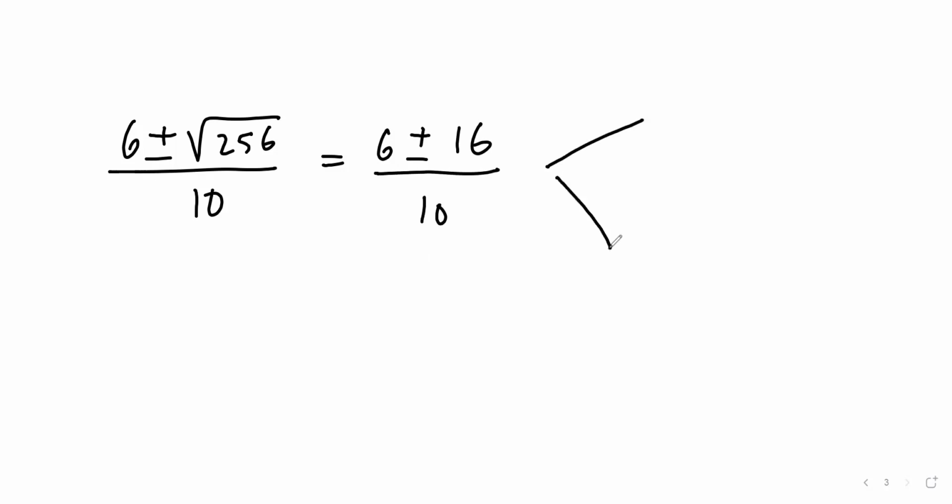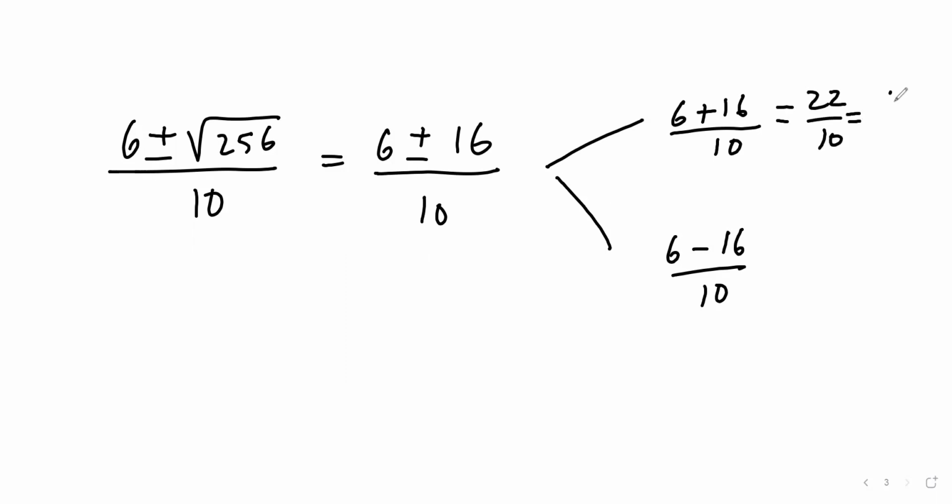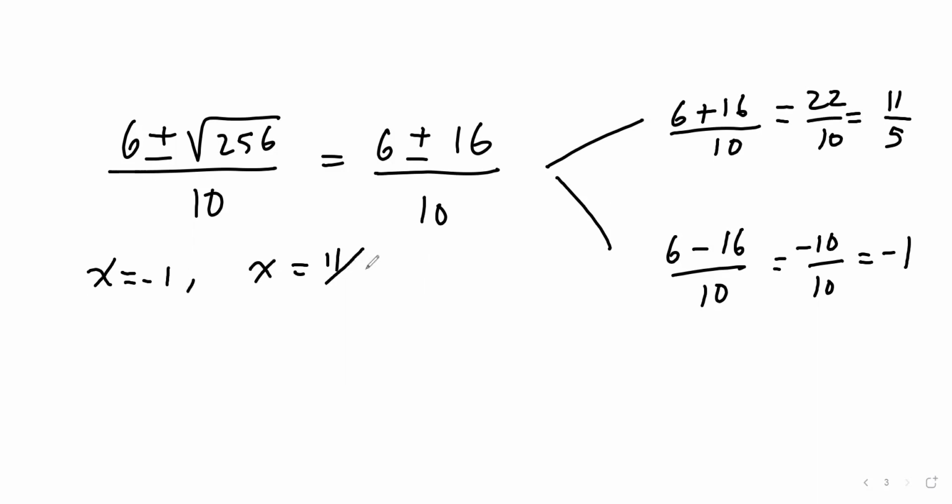We have two answers here, one with the plus and one with the minus. The plus gives 22 over 10, which is 11 over 5. And the minus gives negative 10 over 10. So we got x equals negative 1 and x equals 11 over 5.